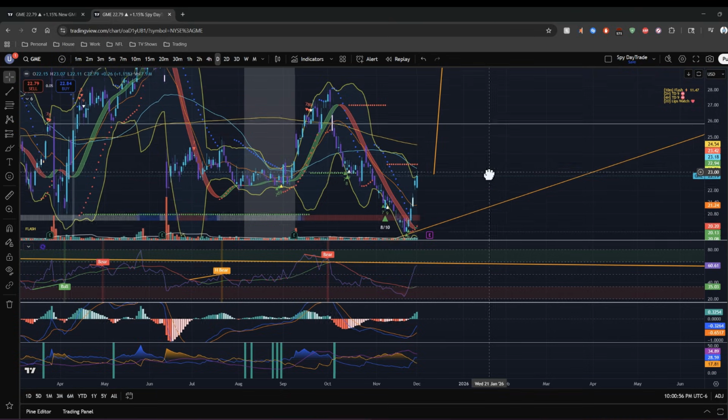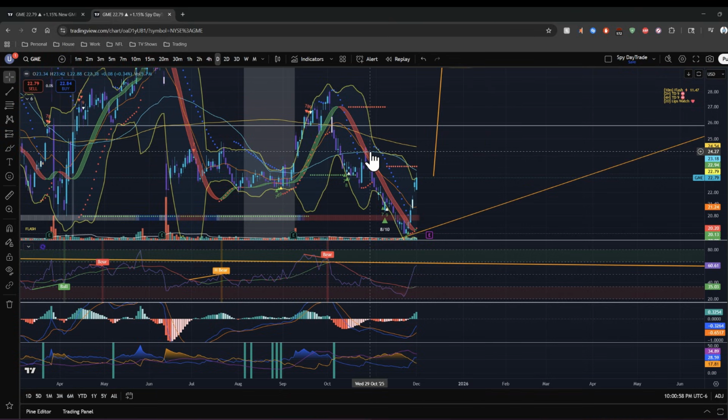One thing I was looking at here, so notice how the 50 MA crossing through the top of the Bollinger Bands and back in and out again, right? We saw the same thing here, right? Once it crosses back inside the Bollinger Bands, if we can get above it and stay above it, this is the key area. This is what we're looking for, right? We want this Bollinger Band to continue to slope up.